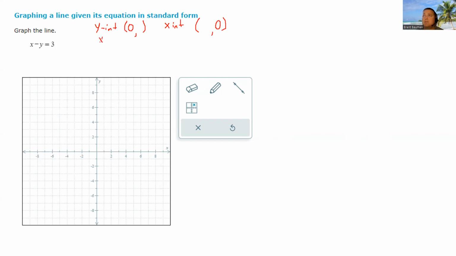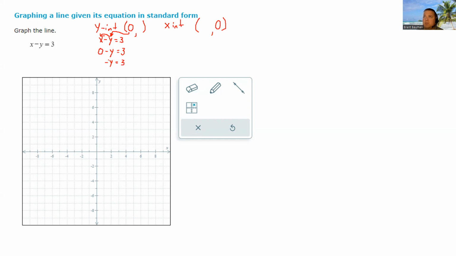So we have x minus y equals 3 for our equation this time. Plug in 0 for your x. So we have 0 minus y equals 3. -y equals 3.